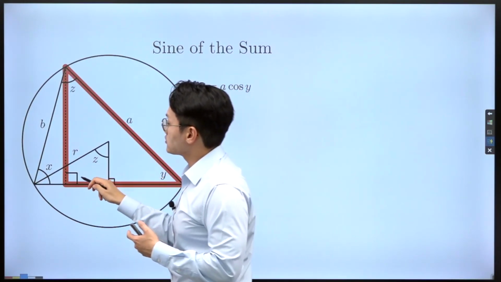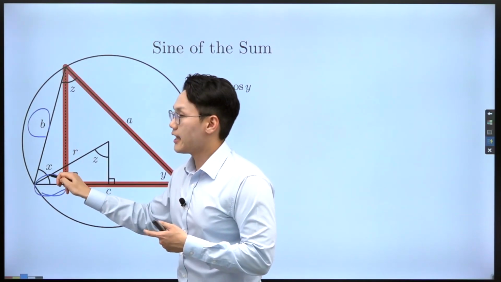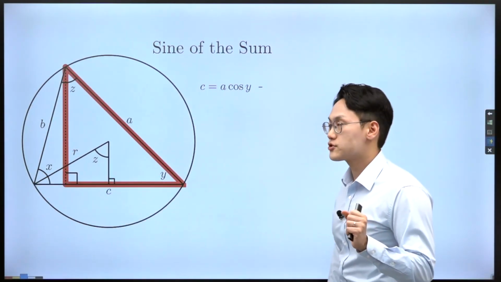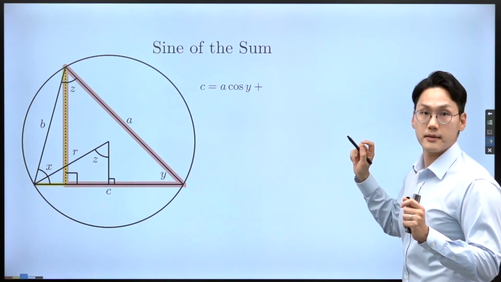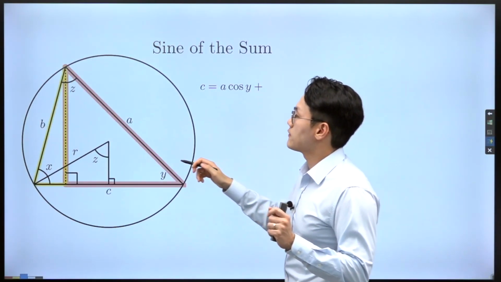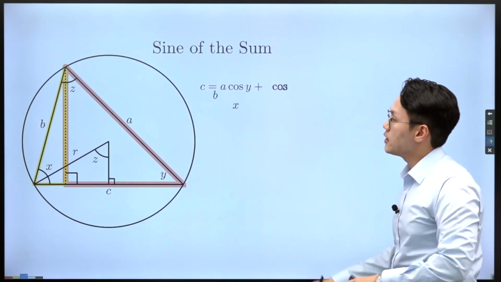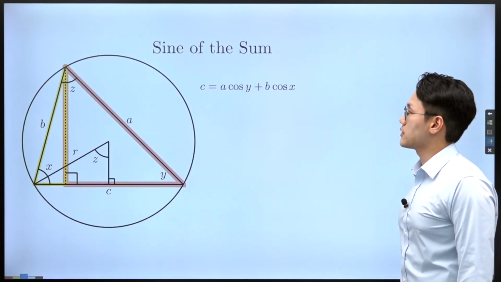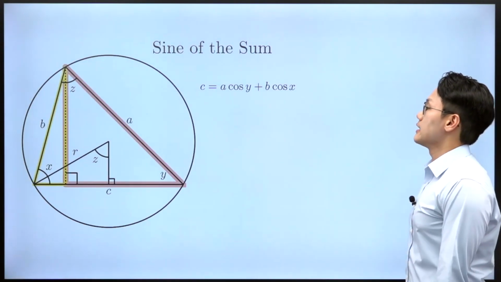And then the remaining part to complete the C, I will get from the hypotenuse B and the angle X. So B times cosine X is going to be the remaining part of the leg to complete the C from this yellow highlighted right angle triangle. Adding up together will give you C. No problem. Easy peasy, lemon squeezy.